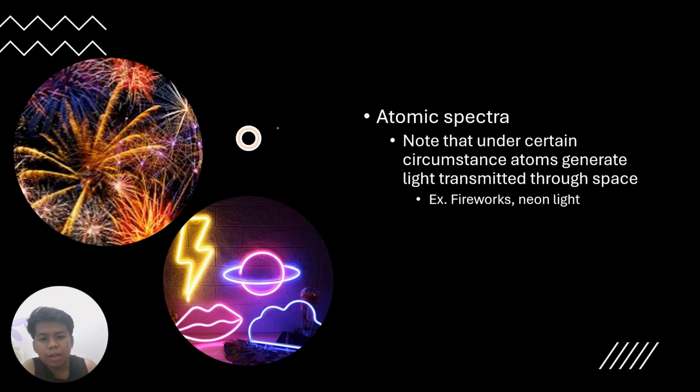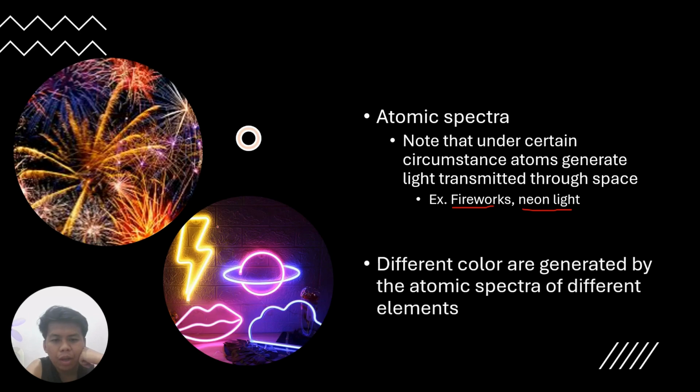Examples of this are fireworks and neon lights. A photon is the unit of light energy. As atoms release photons, they produce these bright colors. Different colors are generated by the atomic spectra of different elements, so each element has a unique color associated with it. Very self-explanatory.